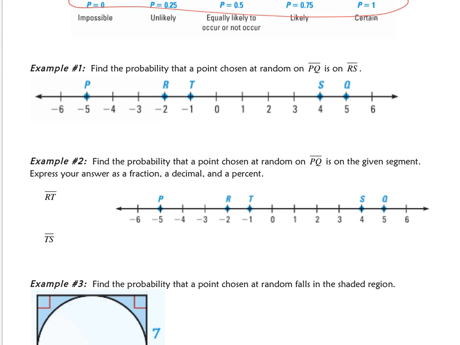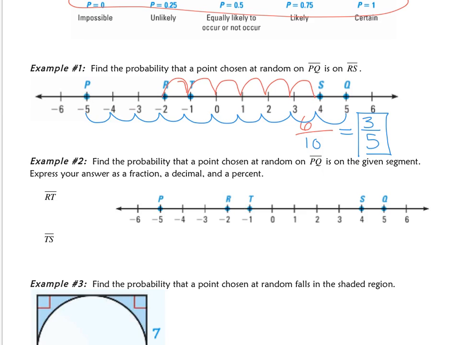From R to S would be 1, 2, 3, 4, 5, and 6. So it's 6 out of, now I have to figure out how long the entire segment I'm choosing from is. It's PQ, so that's 1, 2, 3, 4, 5, 6, 7, 8, 9, 10. If I simplify this, I would get 3 out of 5.